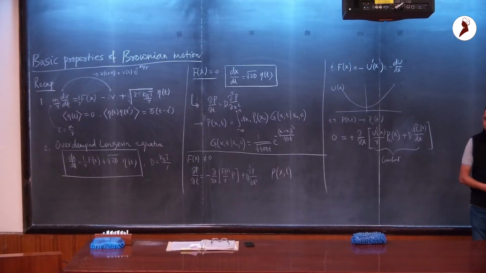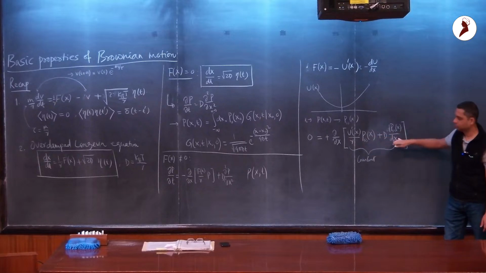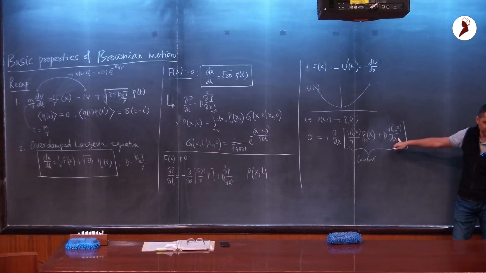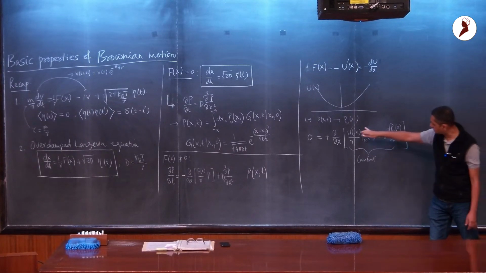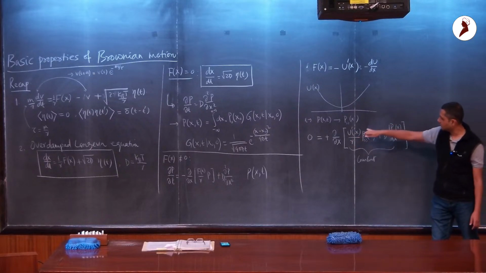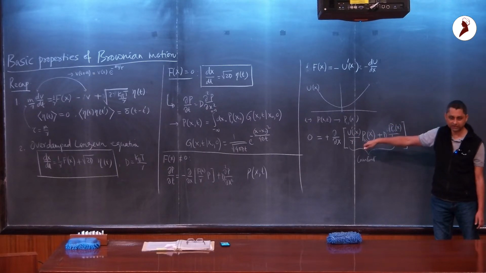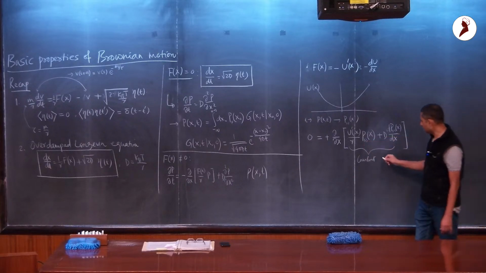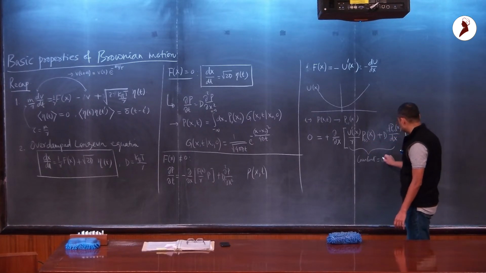We have a potential which confines the particle, therefore we cannot find any particle at infinity. So both of these terms should vanish at infinity. Therefore this thing should be 0 at infinity, but since it is a constant, it should be 0 everywhere. So therefore this constant is equal to 0.